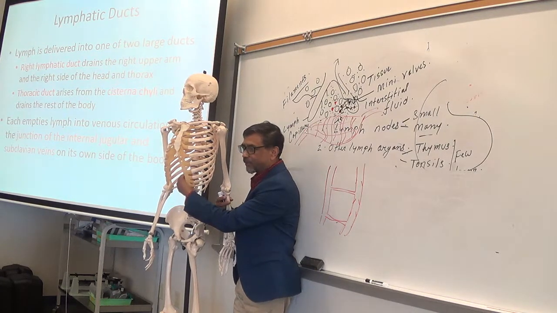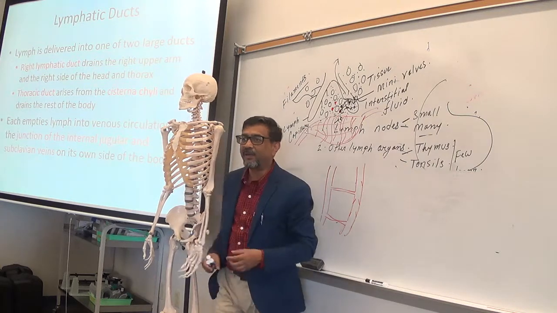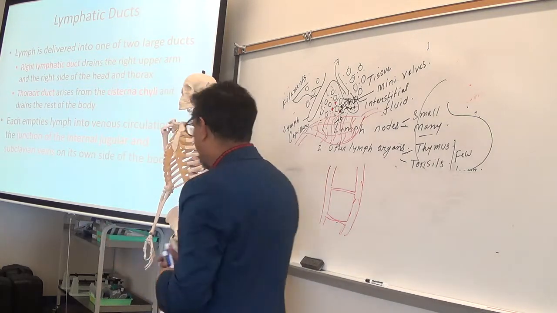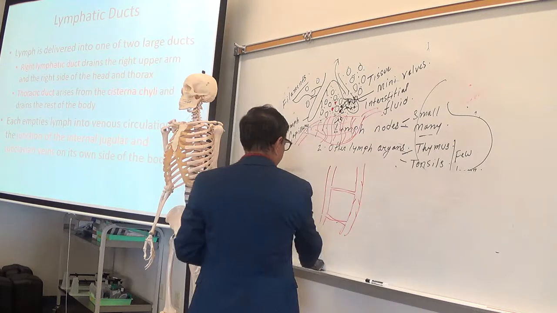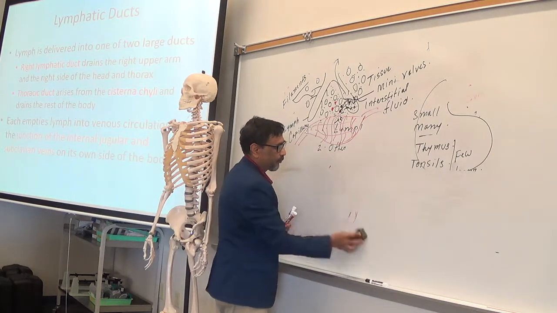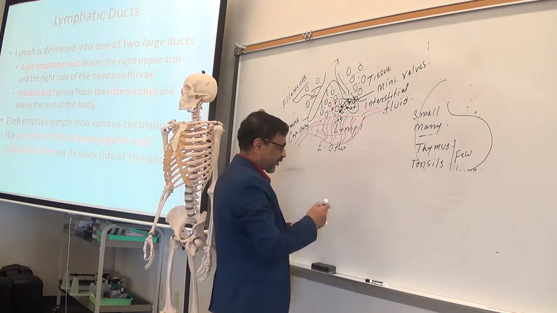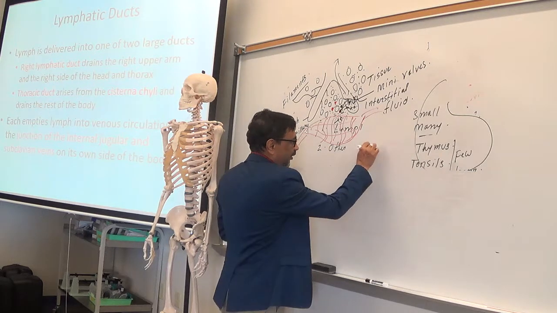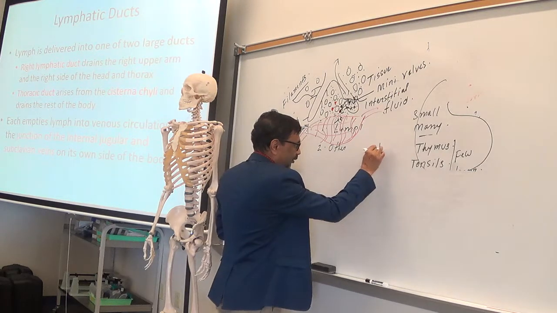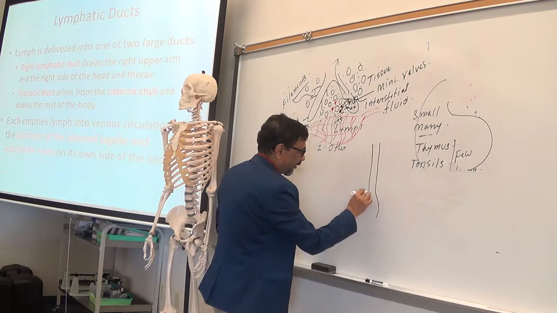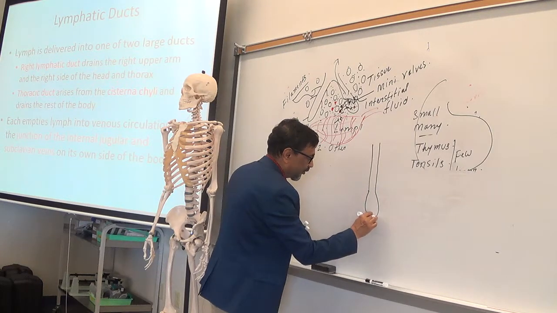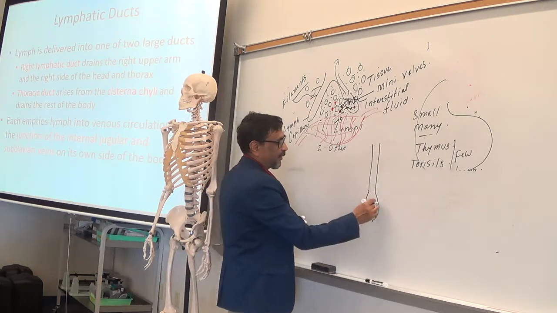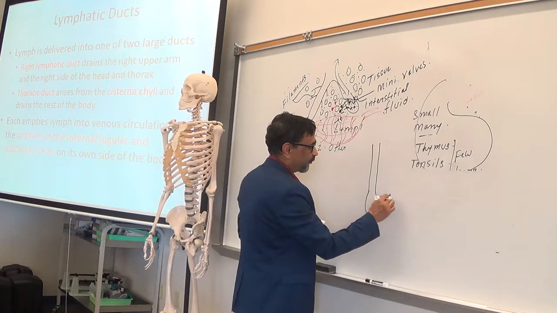And the lower end of the thoracic duct is expanded, wider, dilated. So if you see the thoracic duct, which rests on the vertebral column, you will see the lower end is wider, and that is called cisterna chyli.